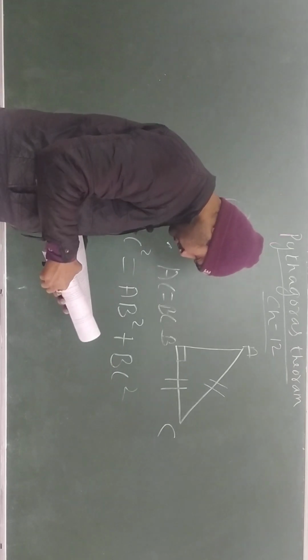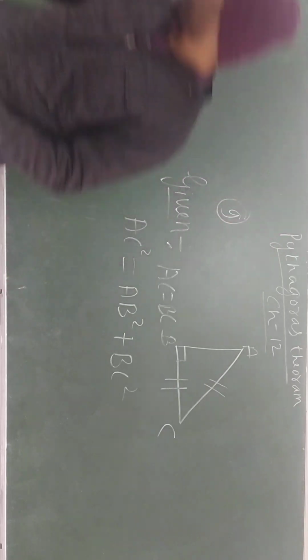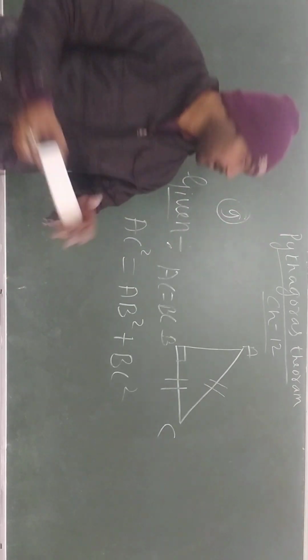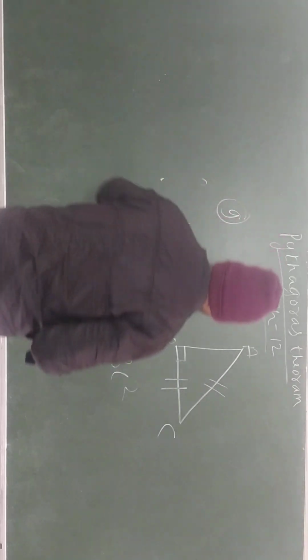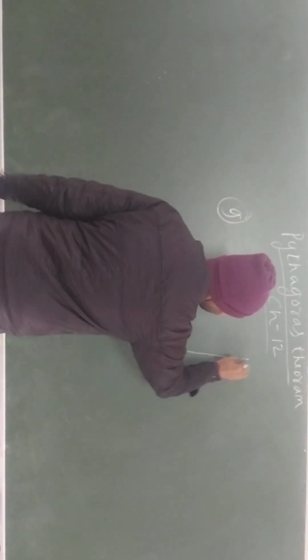Sorry. ABC is an isosceles triangle, right angle at C, it is written. Right angle at C. There is a little bit of change in the question. So see here what we have to do.